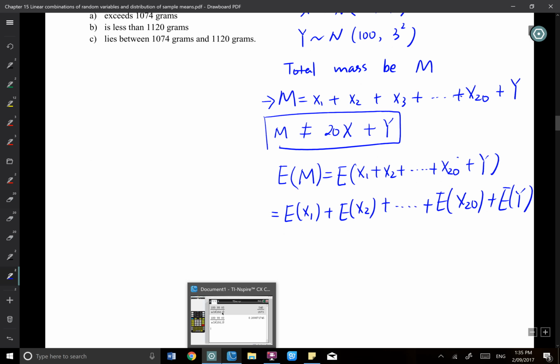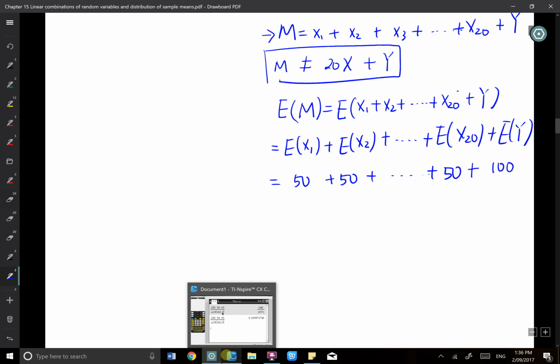Because each individual one follows the same distribution, their expected values are the same: that is a 50, that is a 50, and that is a 50, and expected y is 100. So how many 50s are there? There's 20 50s here, so the mean is 1100, right?